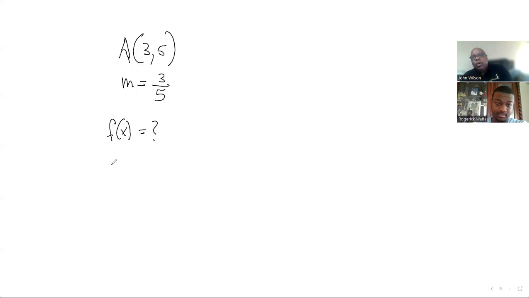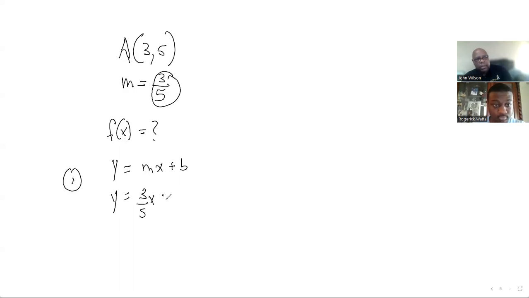You write what you know. What do you know? You know that y equals mx plus b, right? Yeah, for the point slope. And we're given the slope is 3/5. So the first thing is you write what you know. You know, y equals 3/5 x plus b. Now you have to find b. And what do you use to find b?